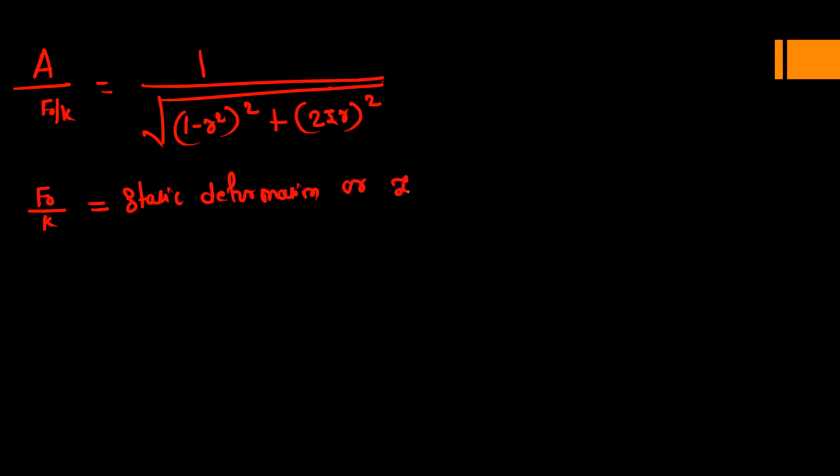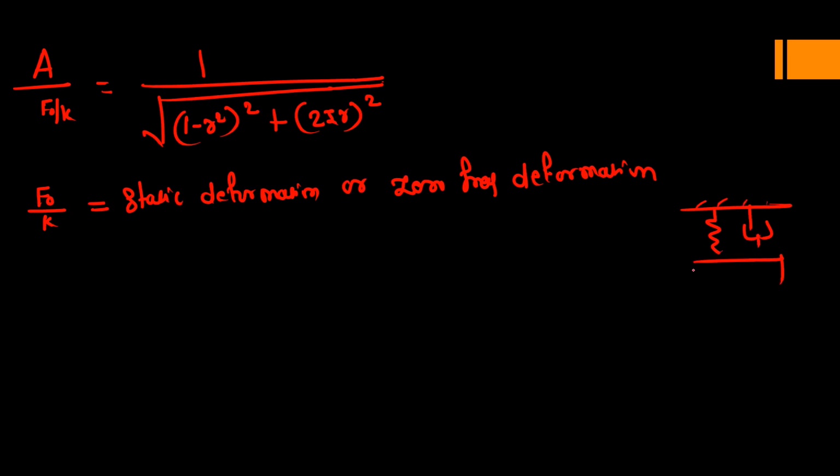Or this is a zero frequency deformation. Okay, that means if this is a spring mass system, and if you supply only F0 force, which is a constant force, that means a zero frequency force. It is not changing direction.